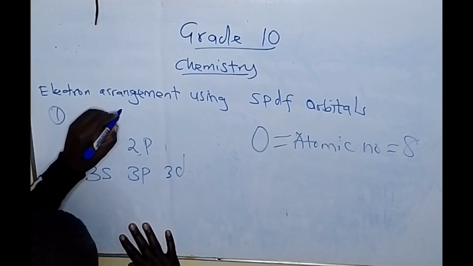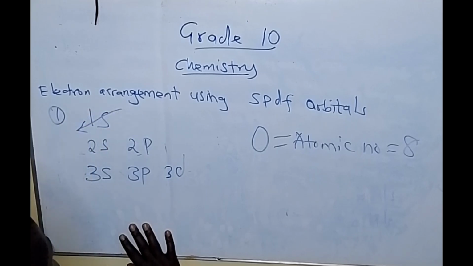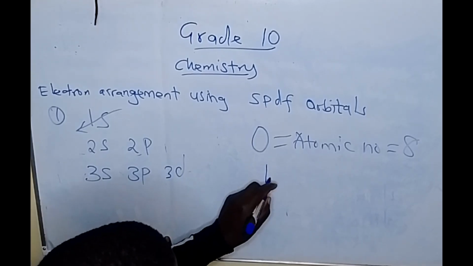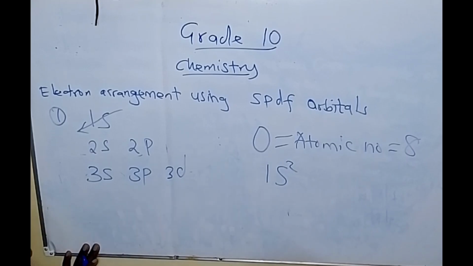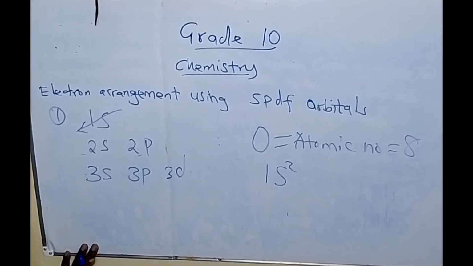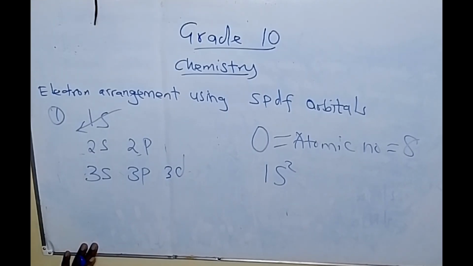So we will fill first the first orbital, and that is 1s2, because s orbital can only accommodate a maximum of 2 electrons.